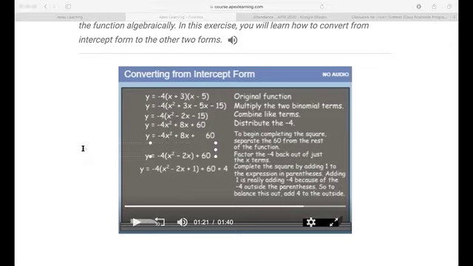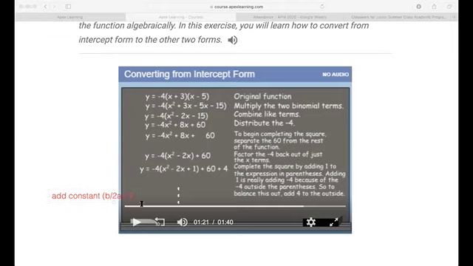Let me write that out. You add a constant that is b divided by 2a, squared.